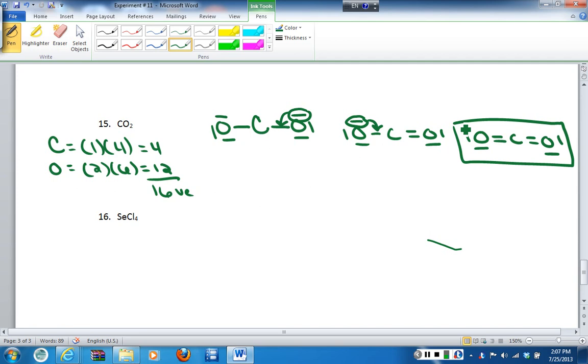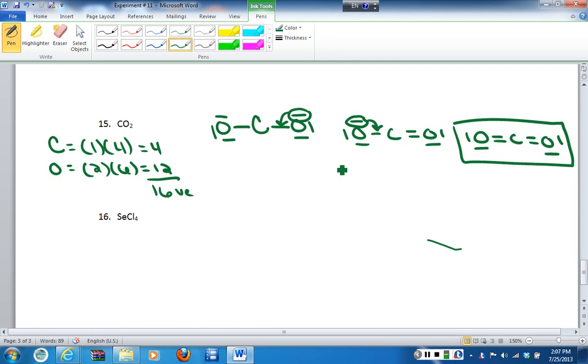Now we have to determine the polarity of this molecule. We have polar bonds, so that means we can either have a polar or non-polar molecule, but we have to ask ourselves, is there a net dipole moment? Do I have a lone pair on the central atom? No, in this case there's no lone pair on the carbon. Do I have a different atom bonded to the central atom? No, both of them are oxygens.